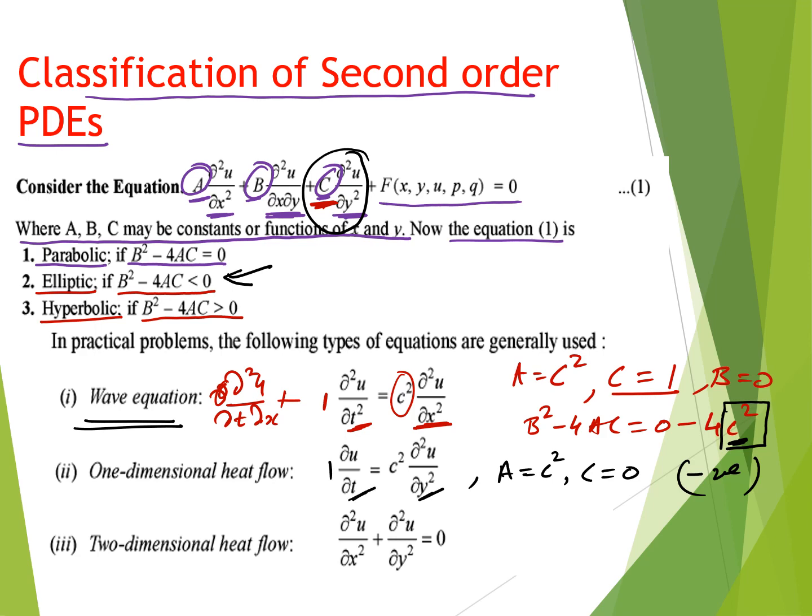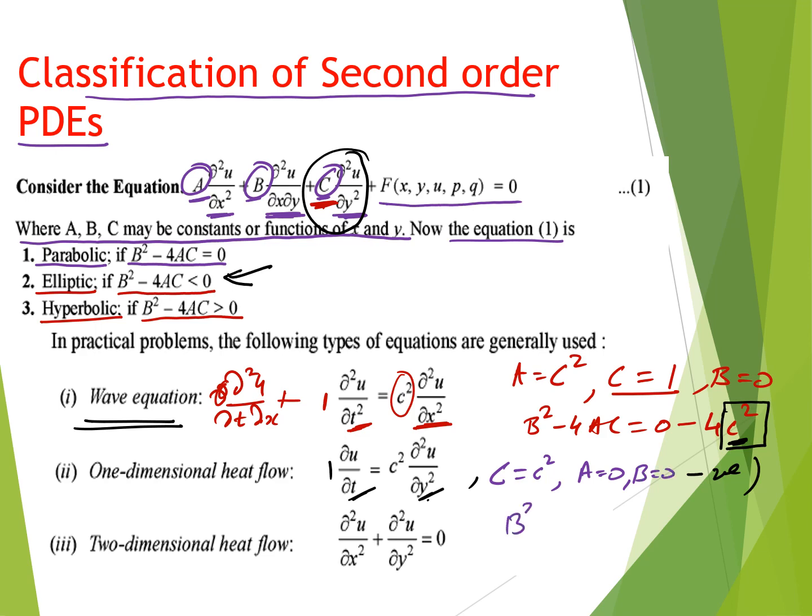So capital C is 0, and capital C is equal to small c square, a is equal to 0 and b is equal to 0.